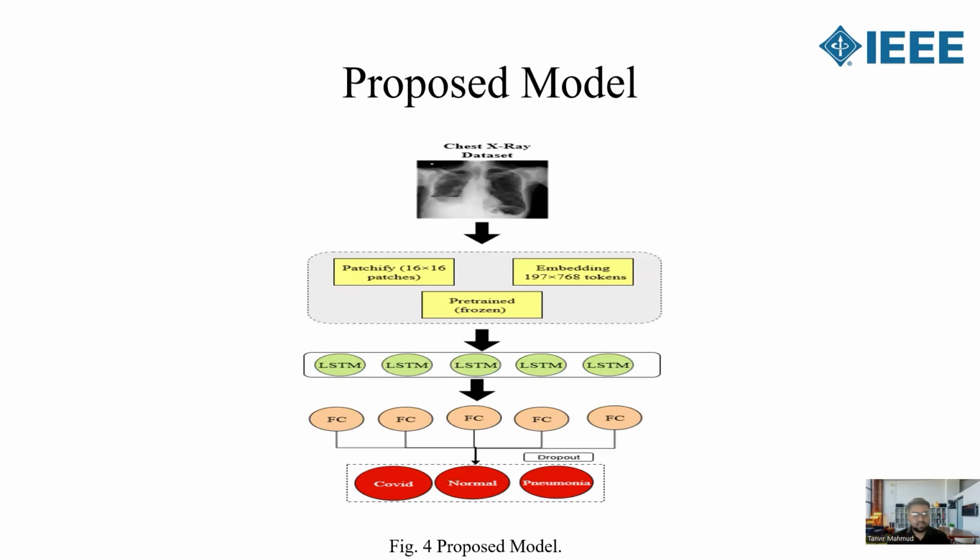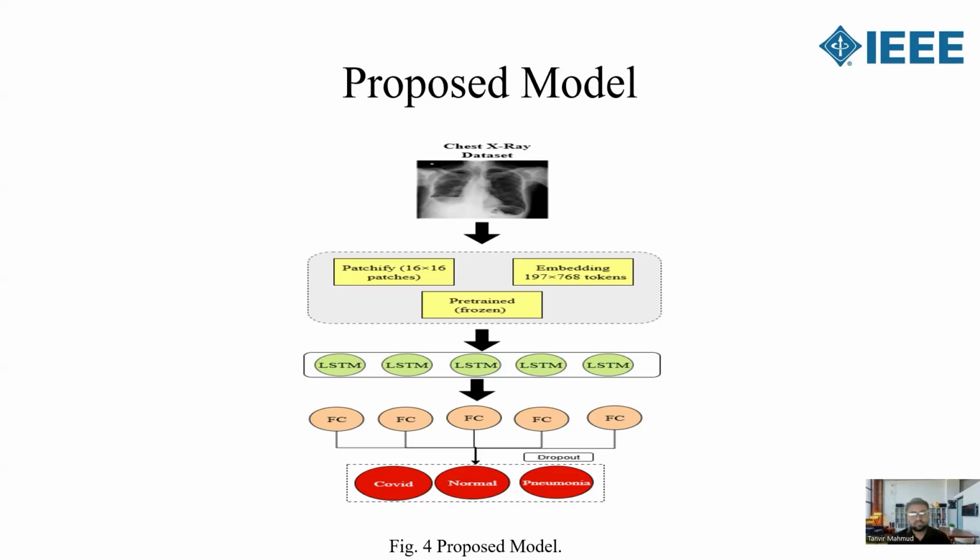These slides present the proposed ViT-LSTM model, which gave the best performance. The vision transformer splits each image into small patches and learns global spatial features through self-attention. These feature embeddings are then fed into an LSTM layer, which models the sequential relationship between patches.